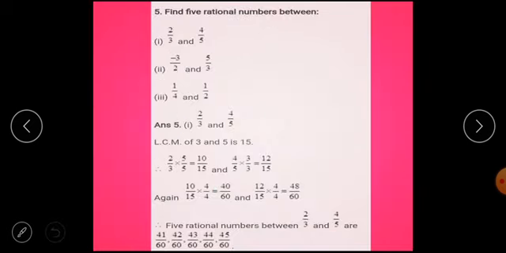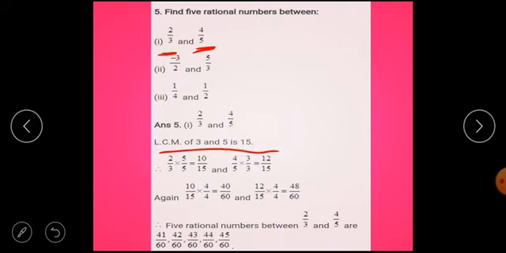In our fifth question, the first part is: find 5 rational numbers between 2 by 3 and 4 by 5. We have to find out 5 rational numbers. So again, you can see here that the denominators 3 and 5 are different. So first we will take the LCM and make the denominators the same.